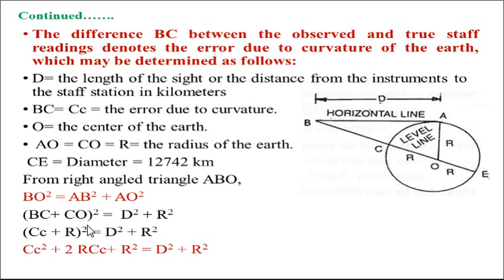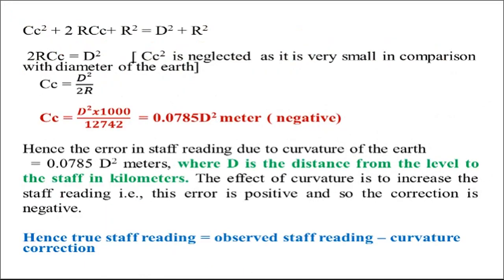Then squaring this, CC square plus 2RCC plus R square is equal to D square plus R square.